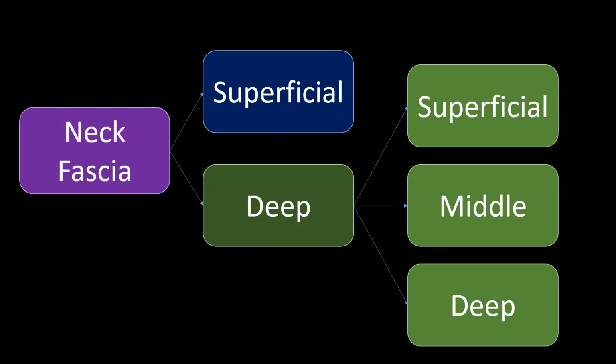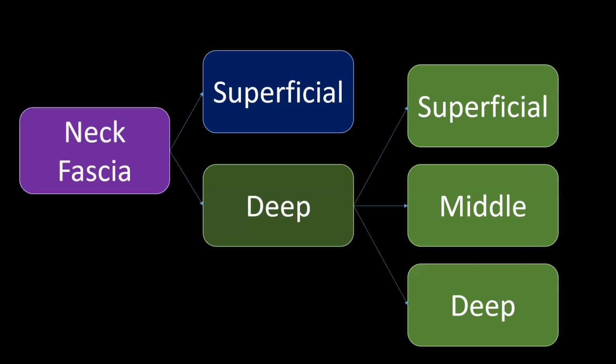So, for most of this presentation, while I'm talking about the superficial layer, I will be talking about the superficial layer of the deep cervical fascia. Why? Because the superficial fascia on its own is not that important when it comes to head and neck anatomy. So I'm going to show or illustrate it shortly, and that will be the only time I talk about it in this presentation.